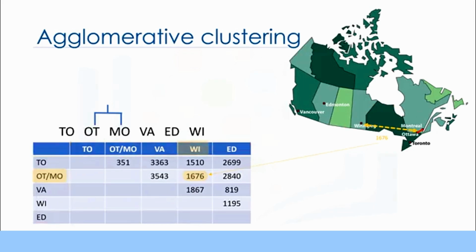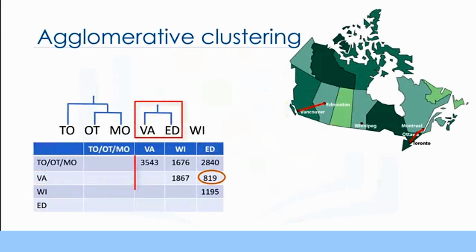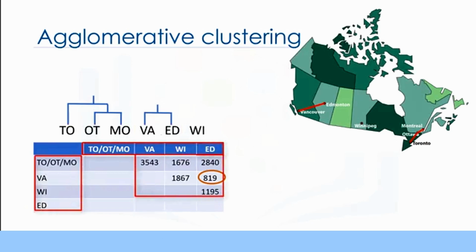Next, we look for the closest clusters once again. In this case, Ottawa, Montreal, and Toronto are the closest ones, which creates another cluster. In the next step, the closest distance is between the Vancouver cluster and the Edmonton cluster. Forming a new cluster, their data in the matrix table gets updated. Essentially, the rows and columns are merged as the clusters are merged and the distance updated.